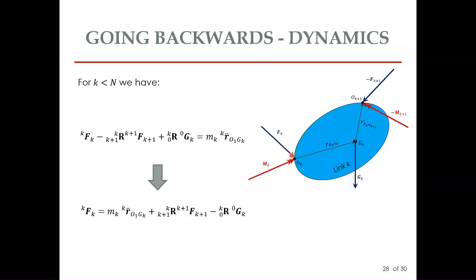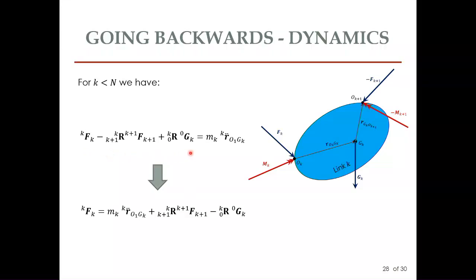Okay, and fk plus 1 here with a minus. Fk plus 1, I just rotate it. If it was calculated in frame k plus 1, I rotate it to frame k by the appropriate rotation matrix. Who applies fk plus 1? Well, minus fk plus 1 is applied on link k by link k plus 1. Okay? And then the gravity force.